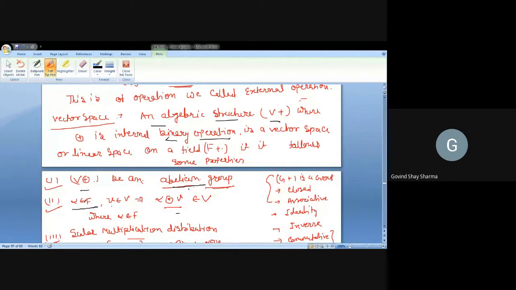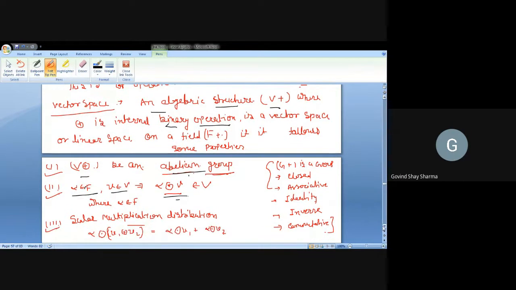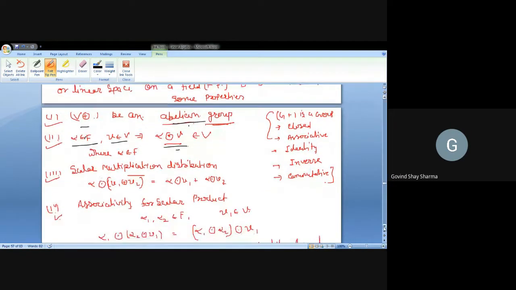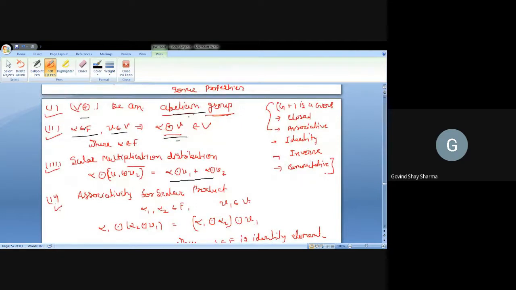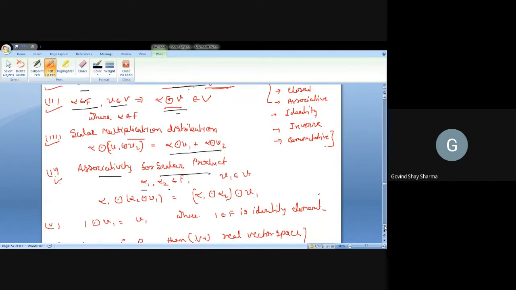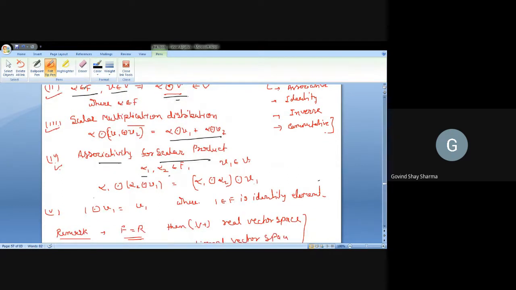Alpha belongs to F, V belongs to V, alpha V belongs to V. Alpha dot V1 plus V2 follows the distribution law, associative property of scalar product, distribution property for multiplication, and identity element.